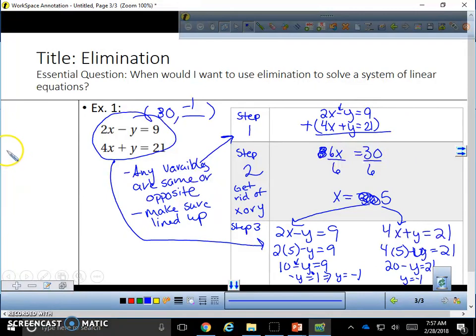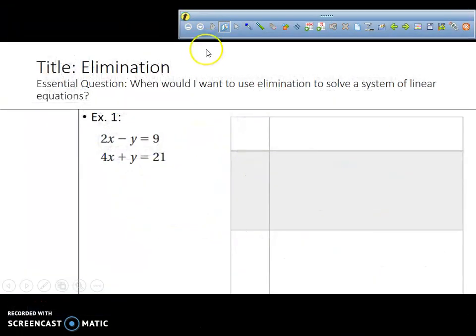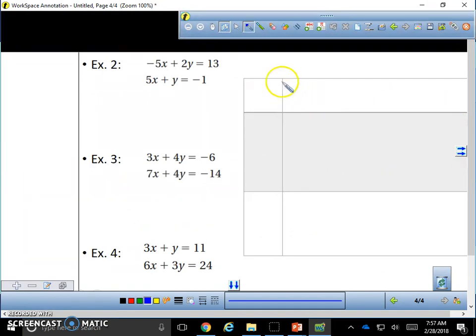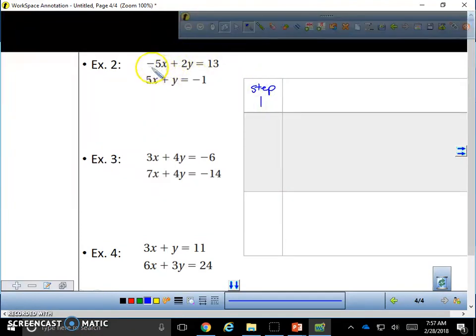Let's go ahead and go to example 2 now. Again, same 3 steps. Step 1, is there the same or opposite? Negative 5x, positive 5x, opposites. Good, step 1 is done.